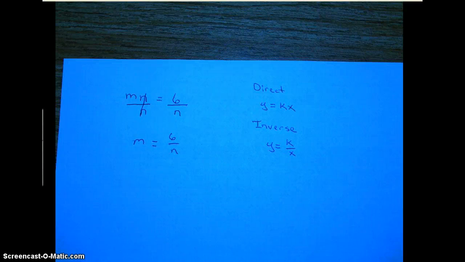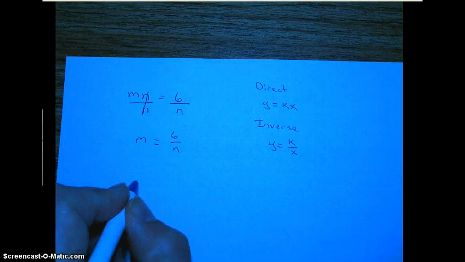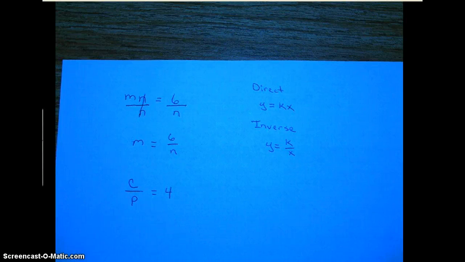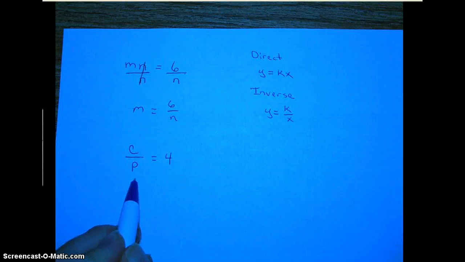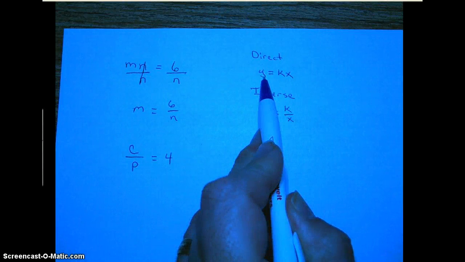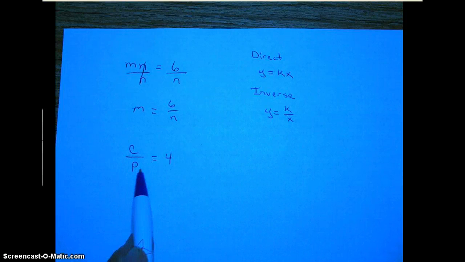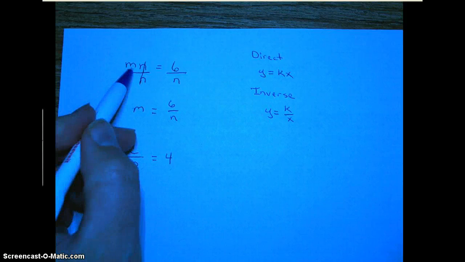Okay, let's do another example. Let's say we have C over P equals 4. It's not completely clear if it's direct or inverse. You may have a tendency to think inverse because of the division, but it may not be. Remember, what did we have to do?